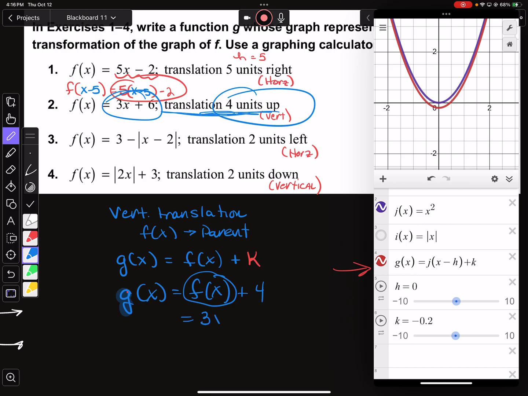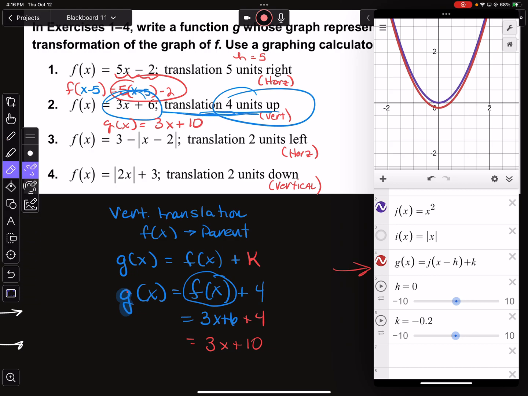So this is now 3x plus 6. And then I got that plus 4 out there because of that k value that I've added to it, giving me 3x plus 10. And that would be my answer for number 2. My new function is the old function moved up 4, so it is 3x plus 10. And you can see all we did was add a 4 to the function, and it moves it straight up.